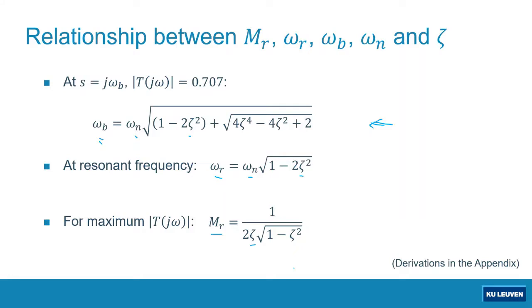In the magnitude plot of an underdamped second order system, we have omega b, omega r, and MR, where omega b and omega r are functions of omega n and zeta, but the MR is only dependent on zeta.